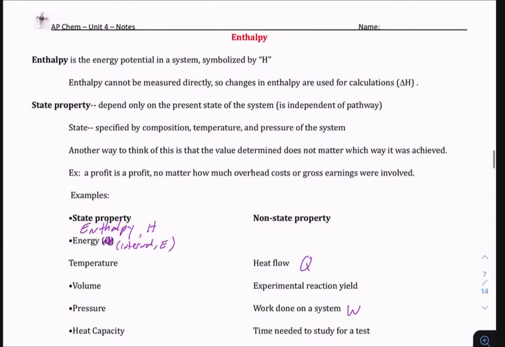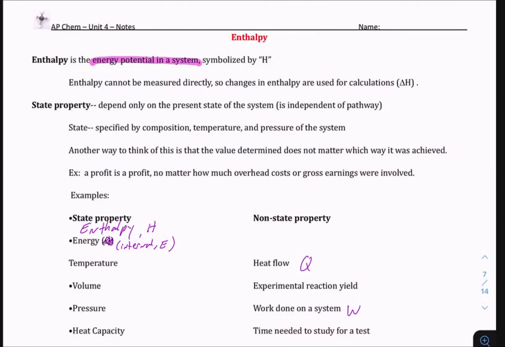All right, so the term enthalpy is the energy potential in a system. The energy potential. Some systems have more potential energy than others. A stick of dynamite has more potential than a plastic tube, right? So it all has to do with the chemicals that are involved.